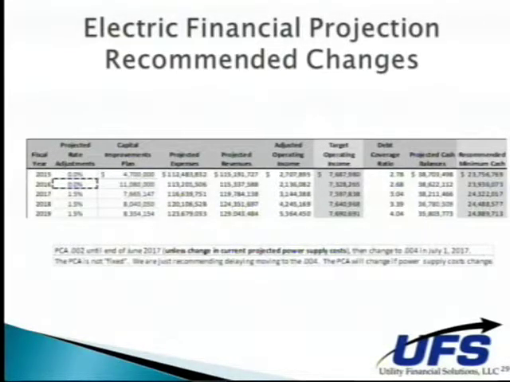We were gonna move it quicker and recover it more quickly when we moved that PCA to 0.004, but we're recommending smoothing that out even a little bit longer, keeping the PCA at 0.002, and then in 2017, we would look at a 1.5% rate increase in the electric department.